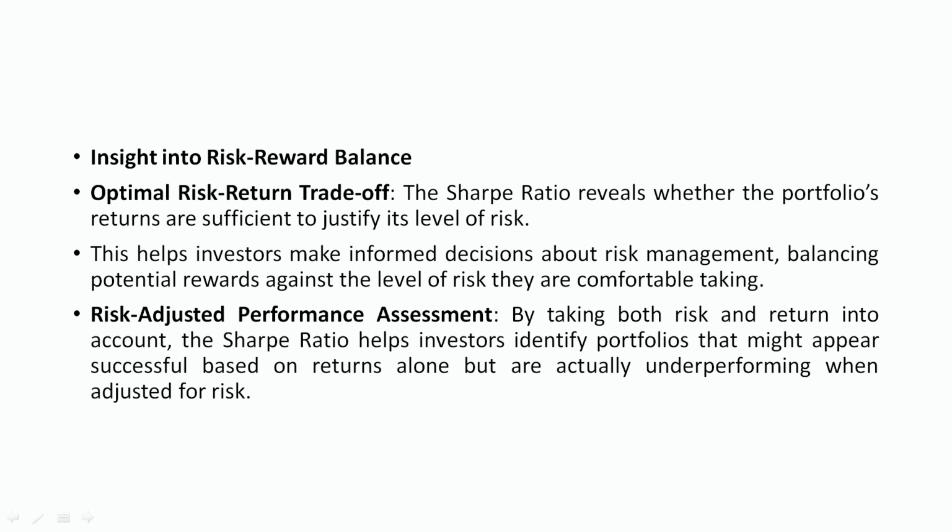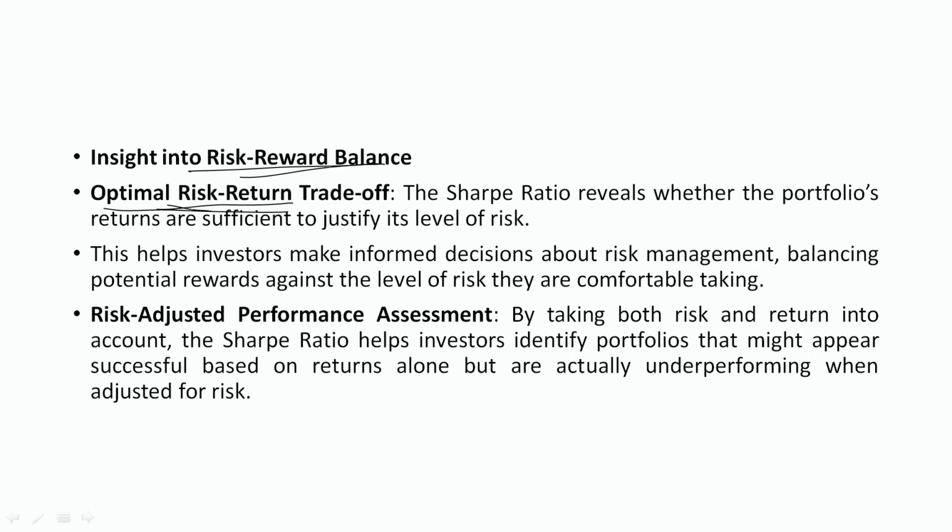A third advantage is that it talks about the risk reward balance. I am not taking much time for all these things because we have already discussed this. It talks about the optimum risk return trade off: what should be the minimum risk, and how optimum risk can be calculated. If time permits, at the end of the 5 lectures, I can discuss the optimum risk return trade off and how an optimum portfolio has to be constructed.